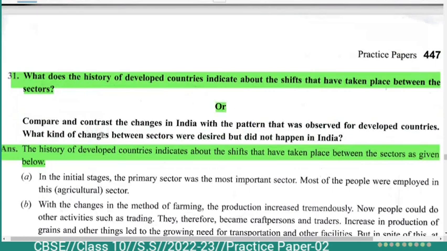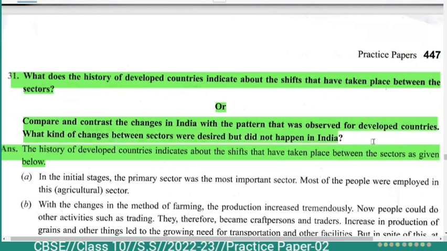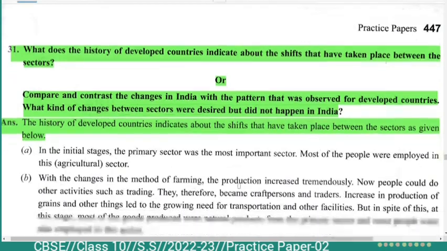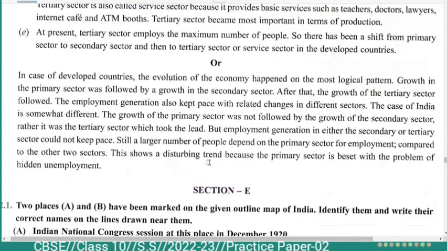Now our question: compare and contrast the changes in India with the pattern that was observed for developed countries. What kind of changes between the sectors were desired but did not happen in India? Answer.